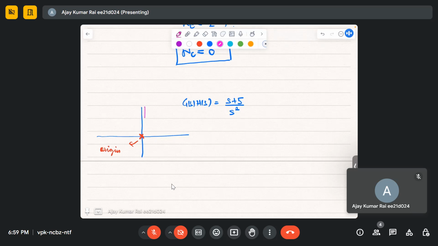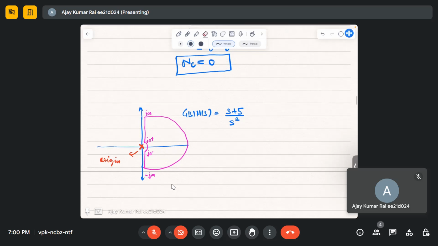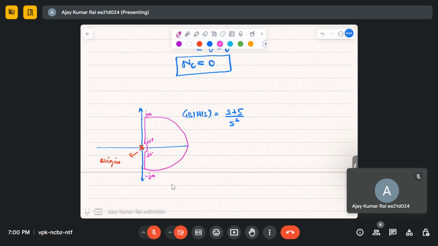So we take this contour, which is of infinite radius. Let me mark the points: j0 minus, j0 plus. This is how the S contour will look, in the clockwise direction.